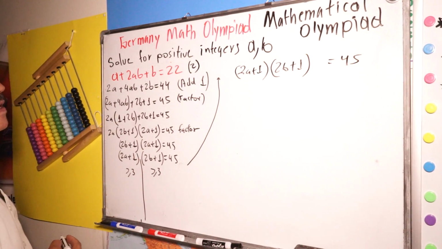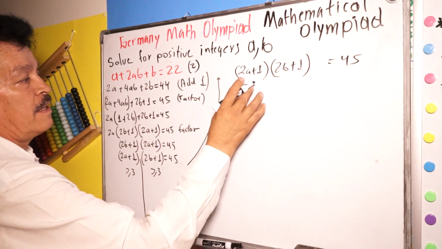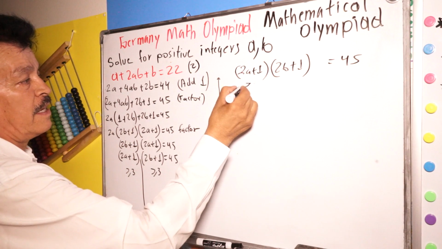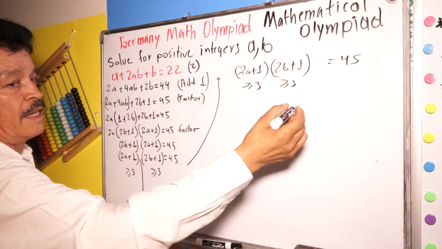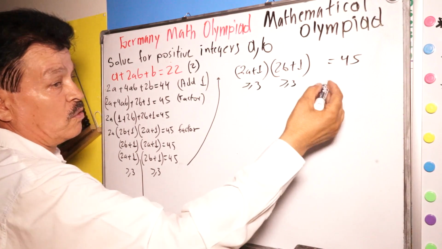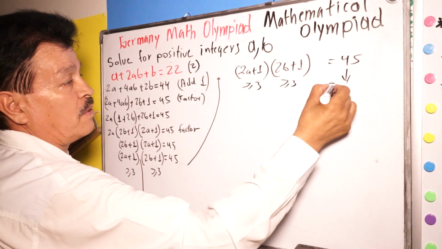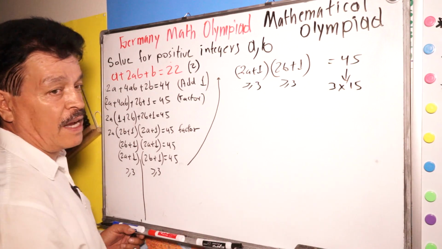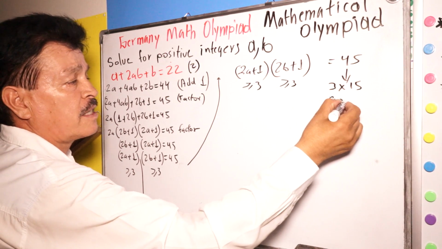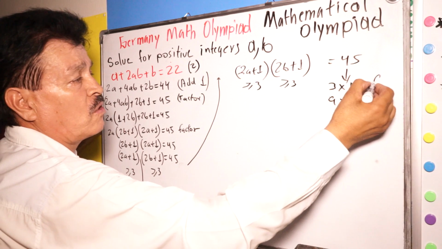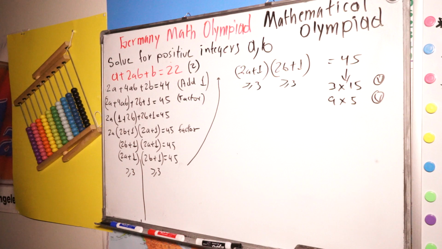All right. So here, like I've said, greater than or equal to 3, because we need to find the factors. To find the factors of 45, we have 3 times 15, and then we have 9 times 5 equals 45. So this is right, right?